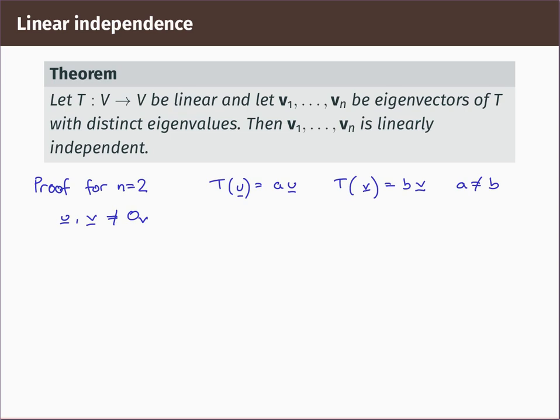I claim then that u and v are linearly independent. So let's suppose that we have two scalars x and y such that x times u plus y times v is equal to the zero vector. We're going to prove that x and y must both be 0, and therefore u and v are linearly independent.